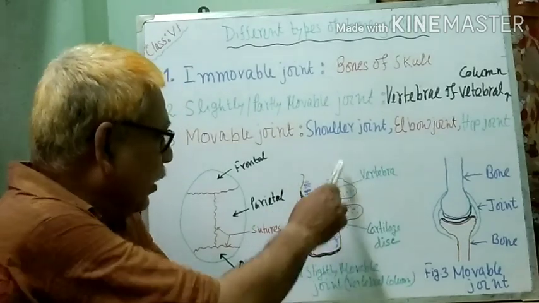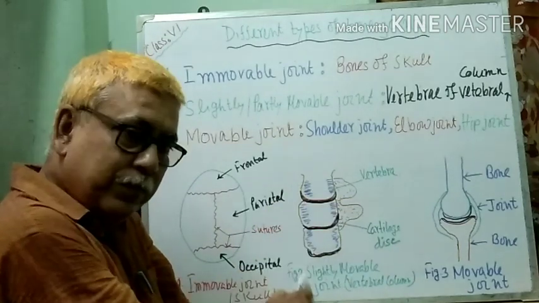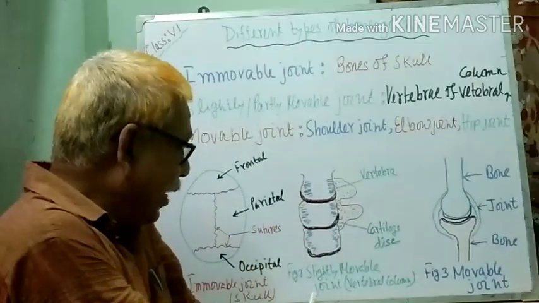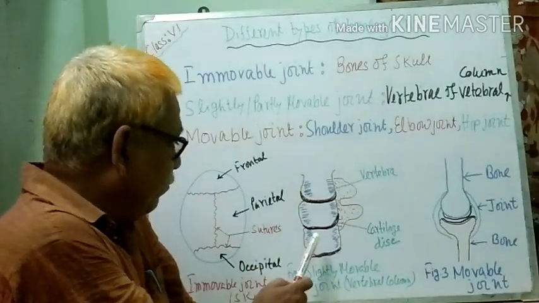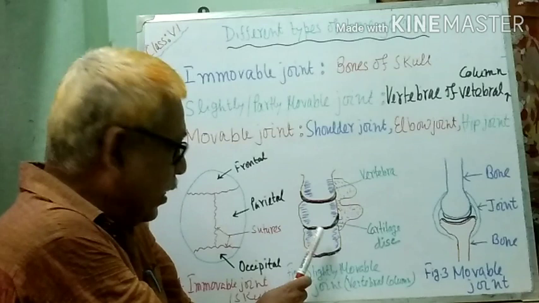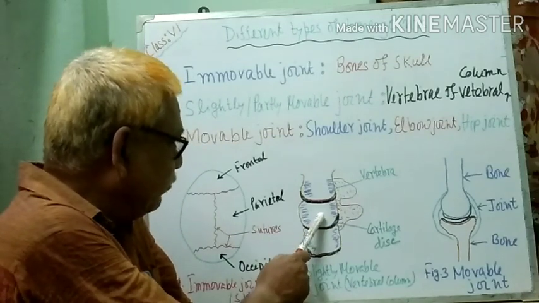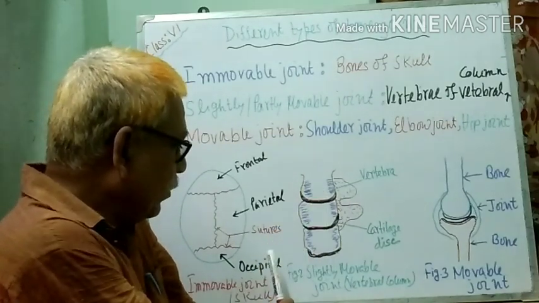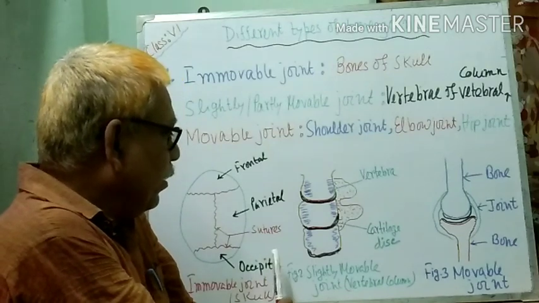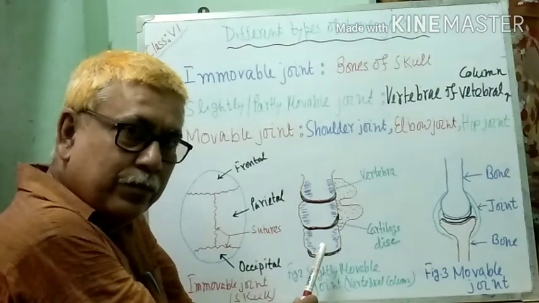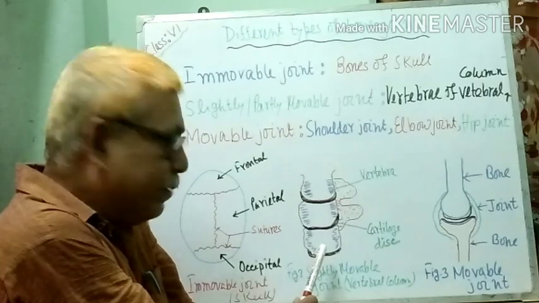This is the vertebral column. The vertebral column is made up of vertebrae; singular, one vertebra. We learned earlier about the vertebral column.